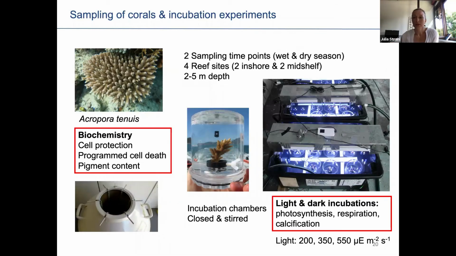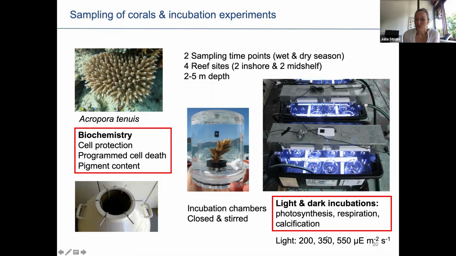I also incubated live coral branches in these chambers that you can see here. So this is like a closed system with a defined water volume, and here there's usually a stir bar in the bottom which provides the coral during the incubation with water flow. And I incubated these corals both in the light and in the dark to measure net photosynthesis, dark respiration, as well as light and dark calcification rates.